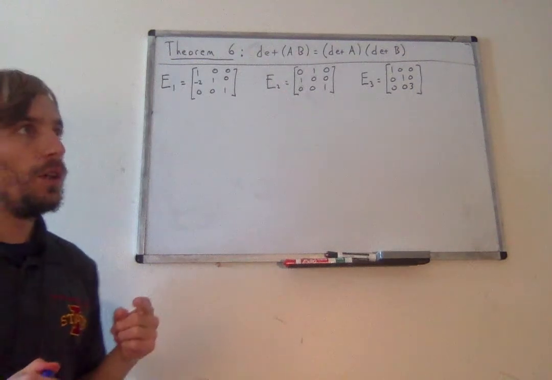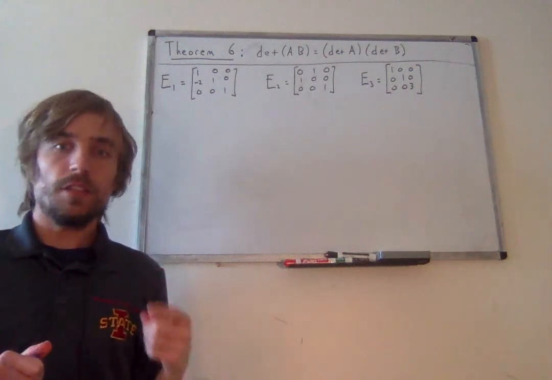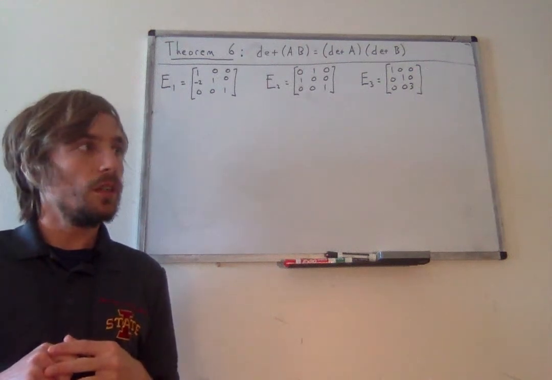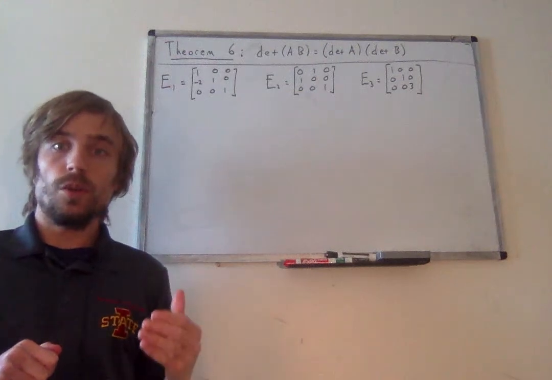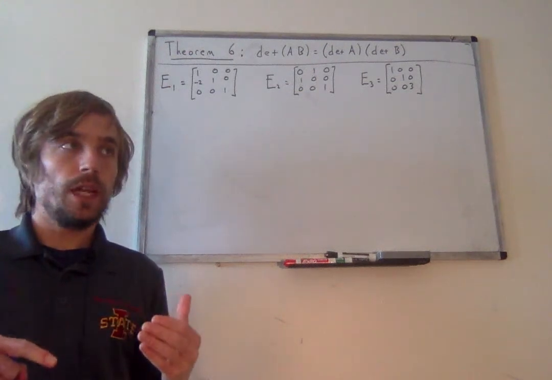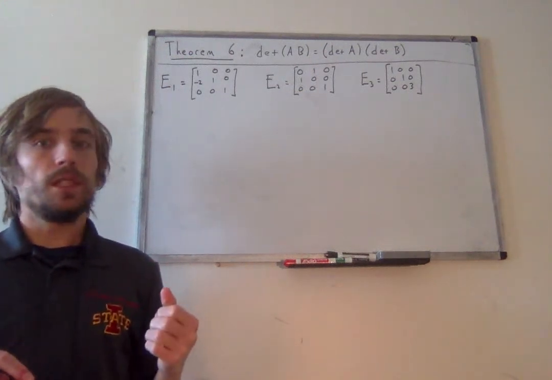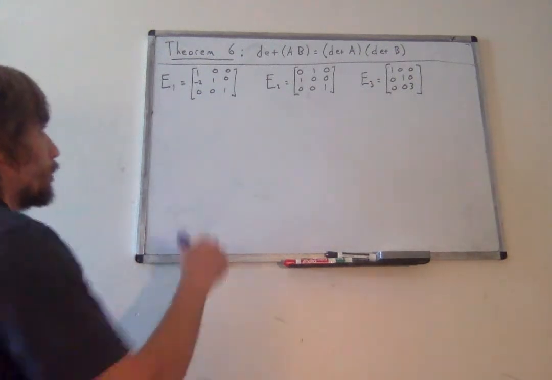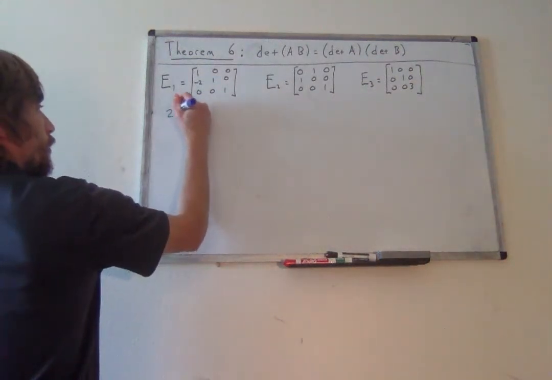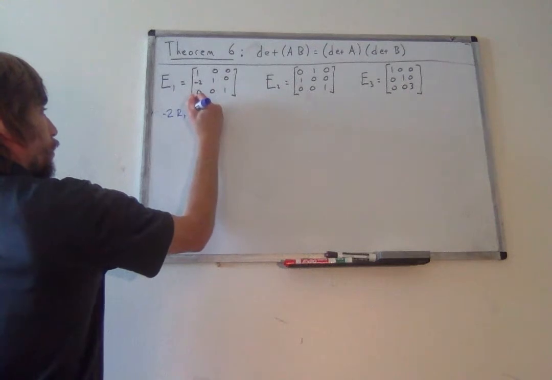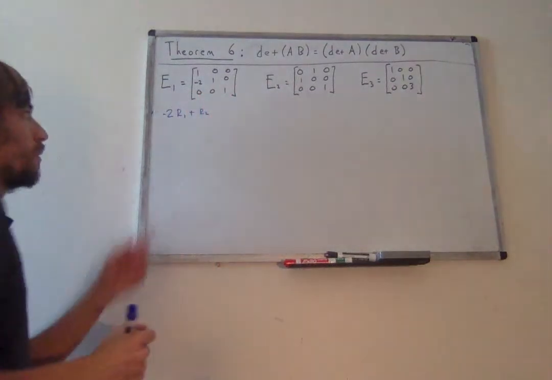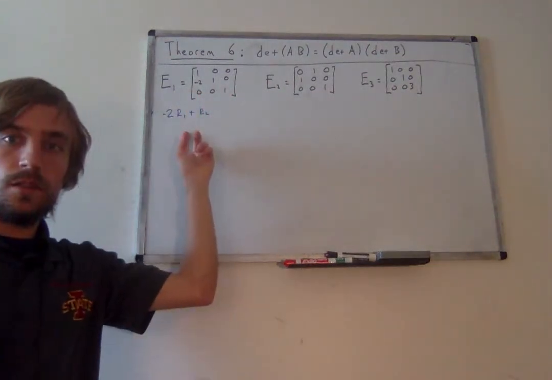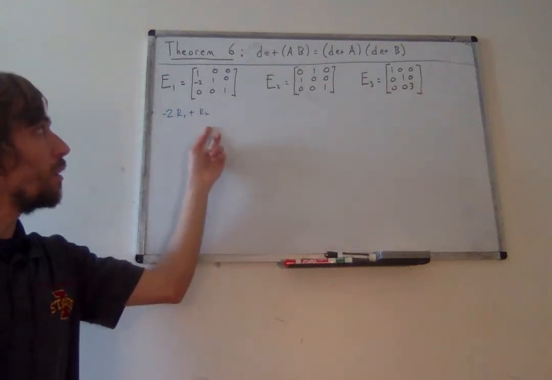And remember, I think in video 1 of this very section, we showed how row operations affect a matrix. Specifically, this row operation of -2 row 1 plus row 2 didn't change the determinant at all.